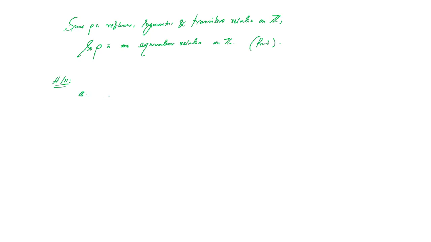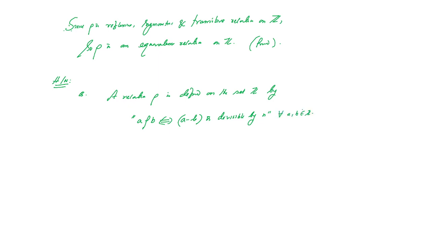You are given the question: a relation rho is defined on the set Z by A rho B if and only if A minus B is divisible by N, for all A, B belonging to Z. Here N is basically a natural number, or you can take an integer, no problem.